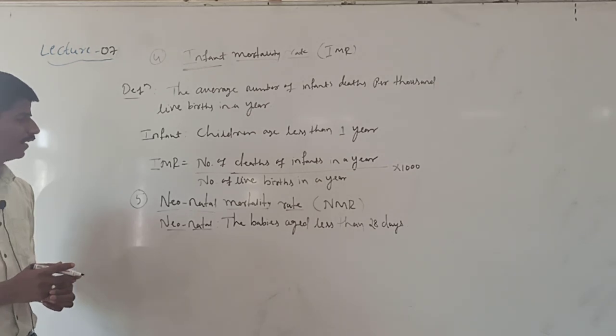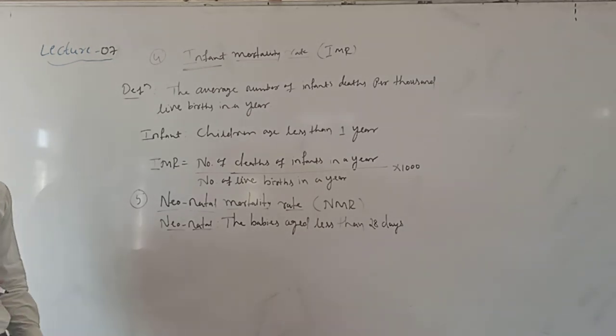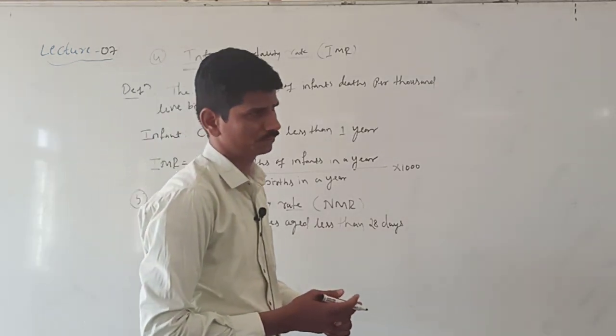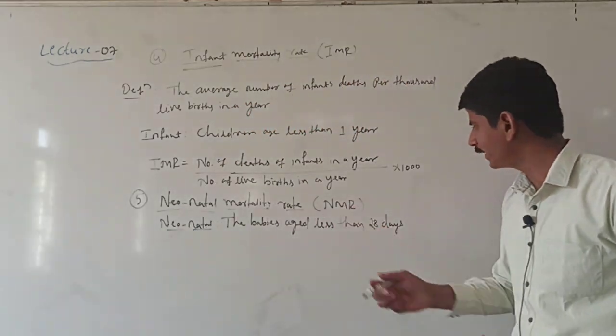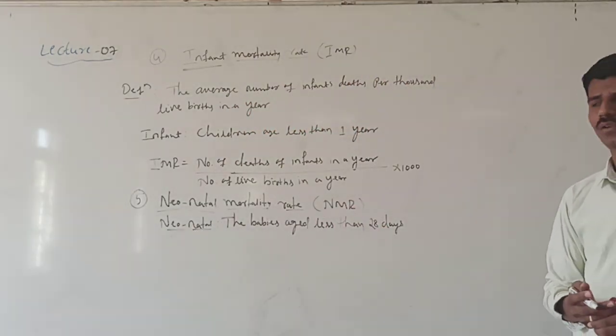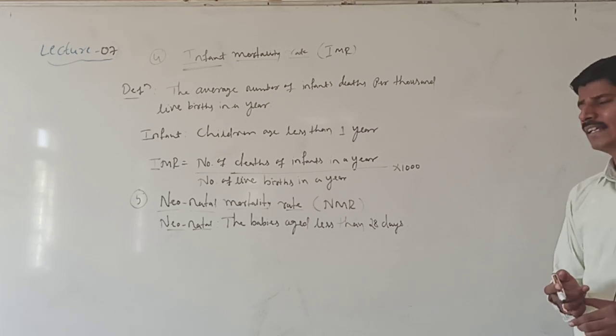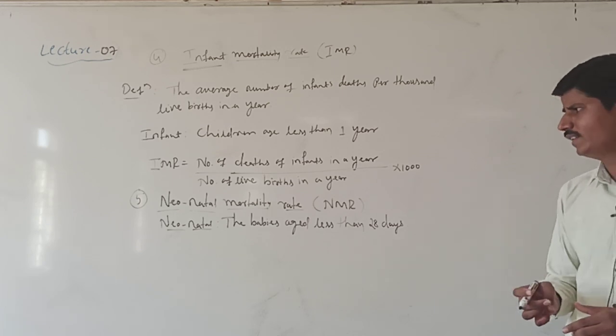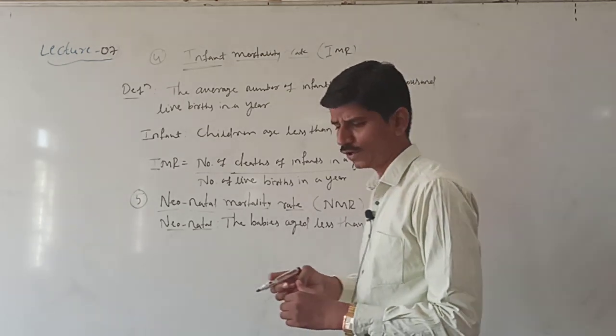What is a neonatal? The babies aged less than 28 days is a neonatal. Okay, here the children aged less than 1 year is the infant. Then what is a neonatal? The babies aged less than 28 days of life.